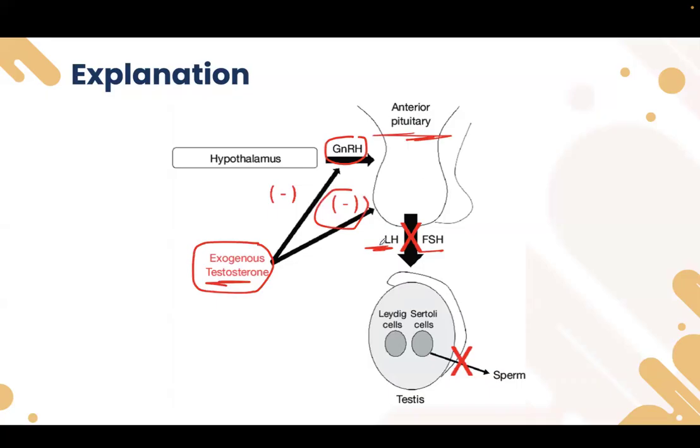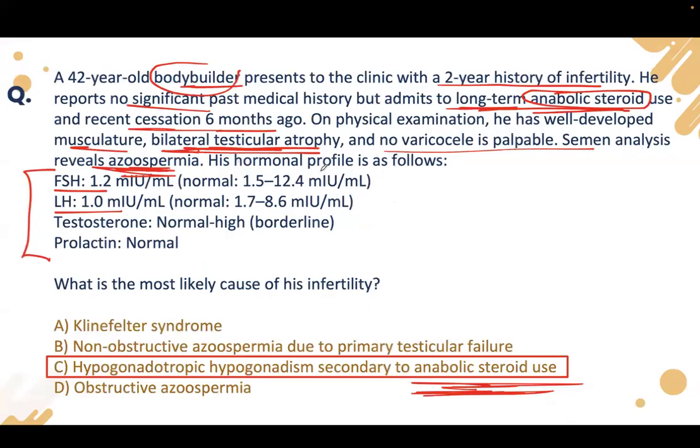Because of less LH and less FSH, there is less stimulation of the testes, which results in atrophy and a decrease in the amount of sperm produced by the testes.